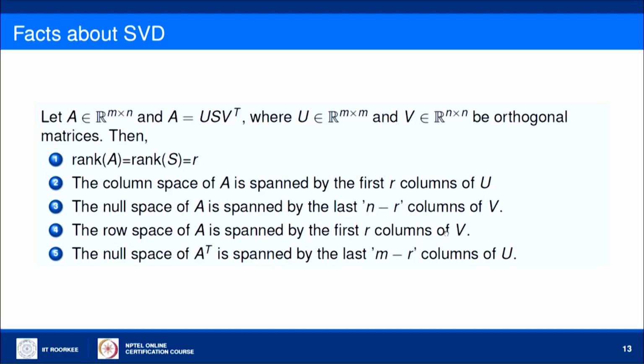Hence, if you know the singular value decomposition of a matrix A, then you can write all the 4 fundamental subspaces of that particular matrix, that is column space, null space, row space, and null space of A transpose. So, in this lecture we have learned singular value decomposition.